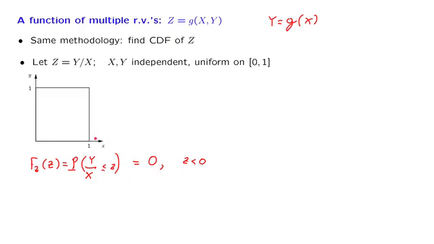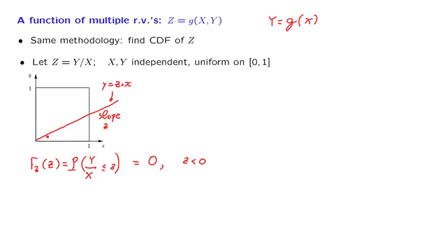Now, suppose that z is a positive number. Let us draw a line that has a slope of little z. Y over x being less than or equal to little z is the same as saying that y is less than or equal to little z times x. This is the line on which y is equal to z times x. So below that line, y is going to be less than or equal to z times x.